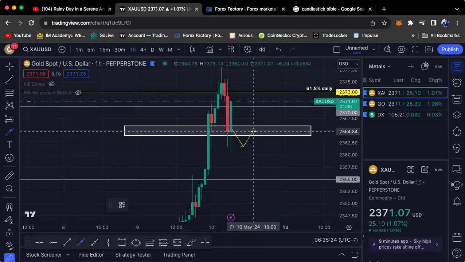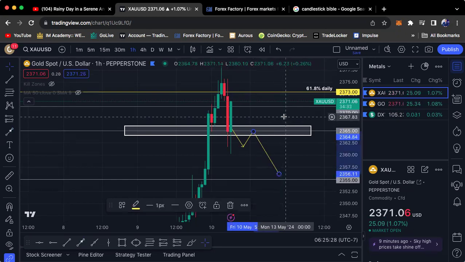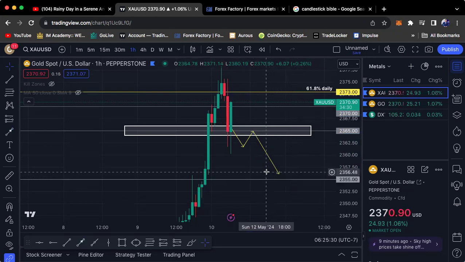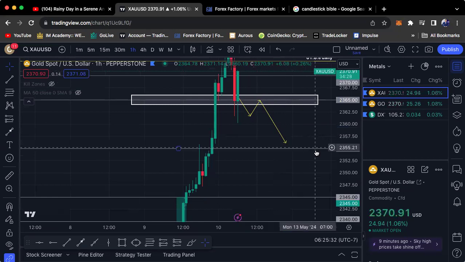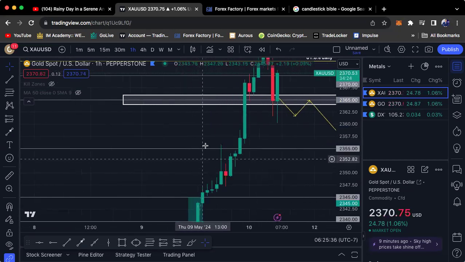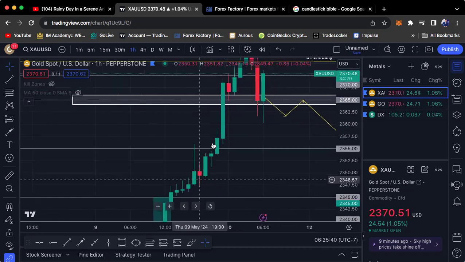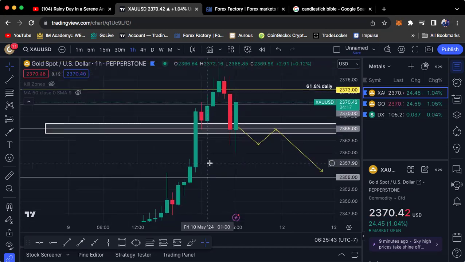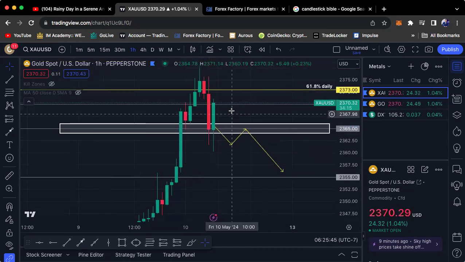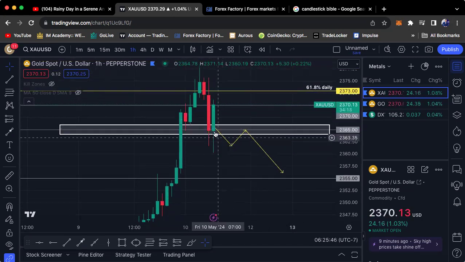If it opens up bearish, if it gives you a bearish confirmation candle, then ride the trade down to the next key level, which is 2355. It's the next key level because it resisted here, it wicked, created a bearish candle, and boom. That's if it continues to the downside.